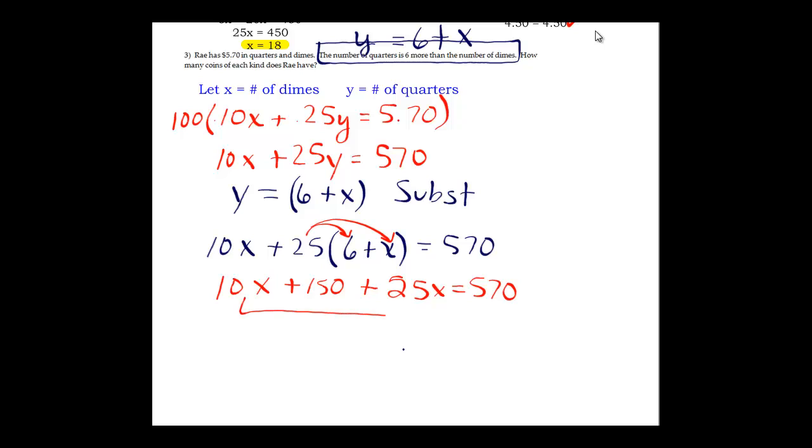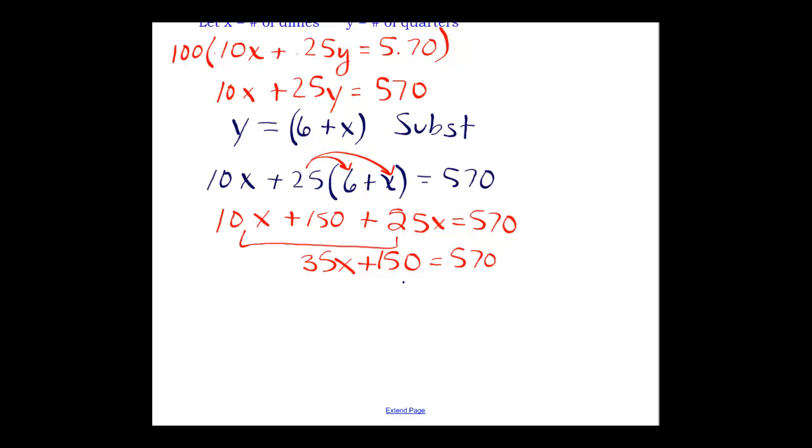Combining like terms, and dividing by 35, x equals 12. And at this point, you'll want to find your y.